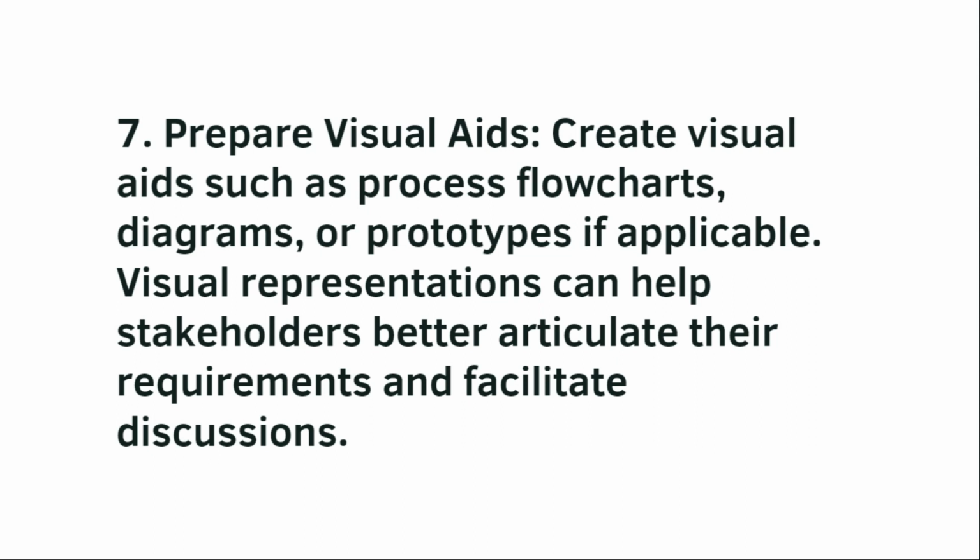Visual representation can help stakeholders better articulate their requirements and facilitates discussion. If you have visual aids, it will be very easy for stakeholders as well as for you to articulate what you're trying to say, and it would otherwise be very time consuming for the stakeholders to understand your questions and give you the requirements.